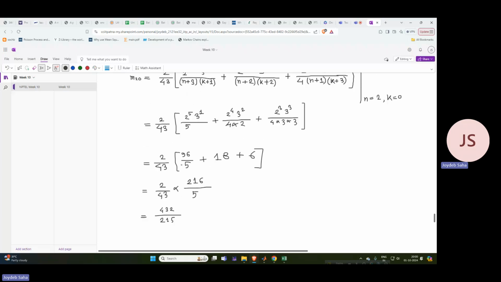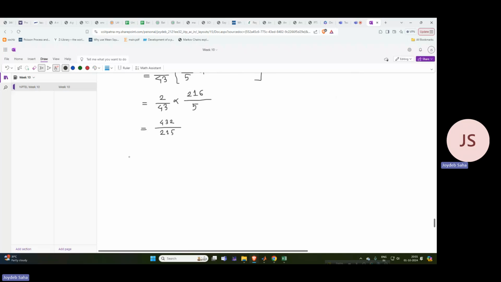Okay, so similarly we can calculate, we can find M02 and M11.